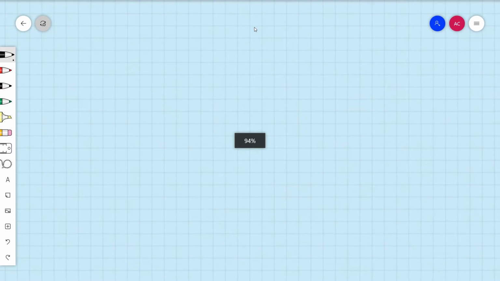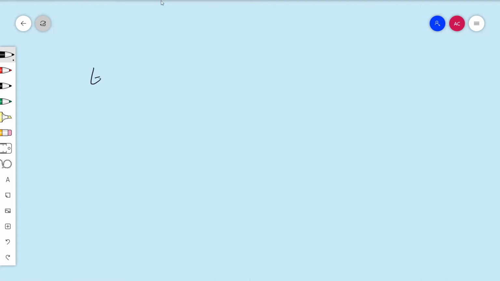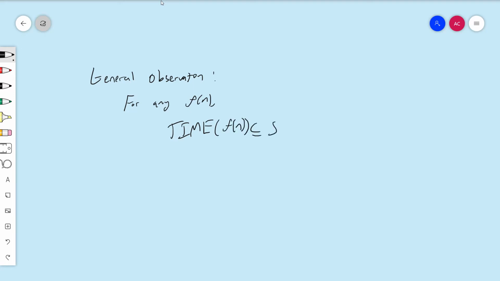General observation, I'll probably have to write this down again later when we're looking more directly at the complexity classes, which is that for any f of n, it's always the case that time of f of n is a subset of space of f of n.